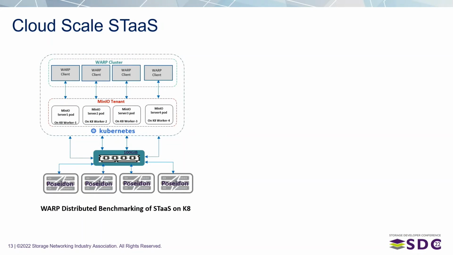Now let's see the setup for Kubernetes STaaS, which is also called Cloud Scale STaaS. We have set up a Kubernetes cluster with 4 worker nodes and 1 master node. These are the worker nodes. Each worker node is an independent physical system.